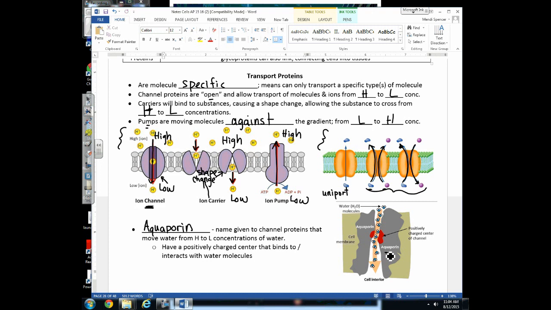One reason why water is able to cross through this aquaporin is because when this protein folds up, it creates this positively charged center. And remember that there's charges associated with these polar water molecules. So those negative oxygens are going to be attracted to this polar center. So the water and the aquaporin will be able to interact, and those molecules will be able to cross through the membrane.